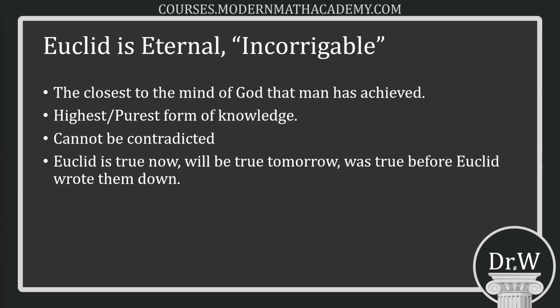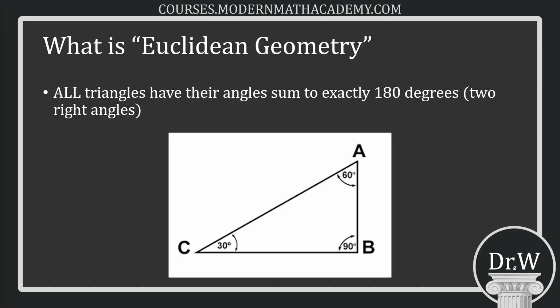So this is why it was such a shaky event when quote-unquote non-Euclidean geometries were discovered. So I would like to really hammer this home by explaining what is Euclidean geometry. When we say Euclidean geometry in the modern world, we mean the geometry you learn in high school.